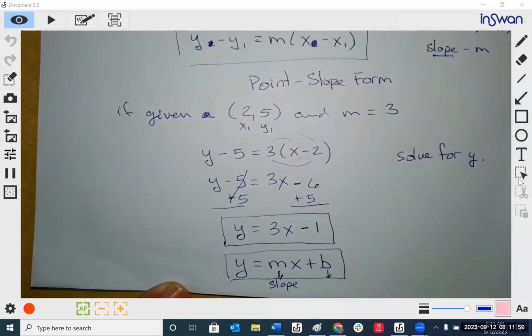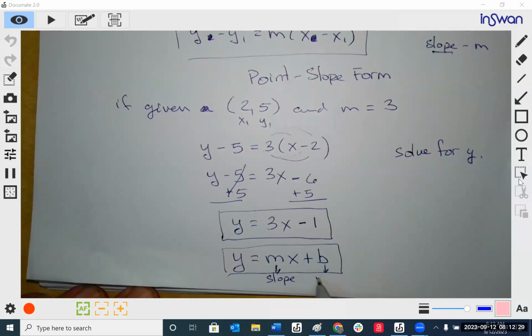It is the y-intercept, but why is it the y-intercept? How do you find the y-intercept? What do we do with the x? Set it equal to 0. So when you set it equal to 0, it's gone. Whenever you have a constant term, that's always the y-intercept. A constant term is always the y-intercept. We have y equals mx plus b, and b is the constant term. So this is the y-intercept.